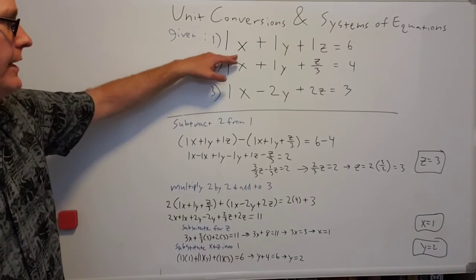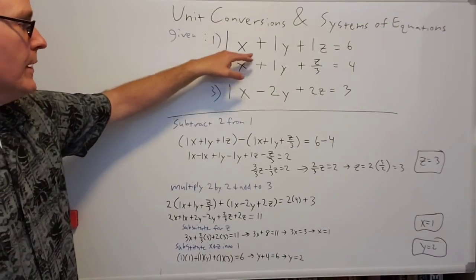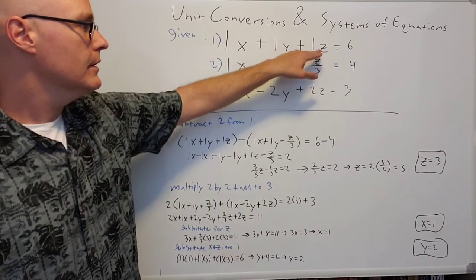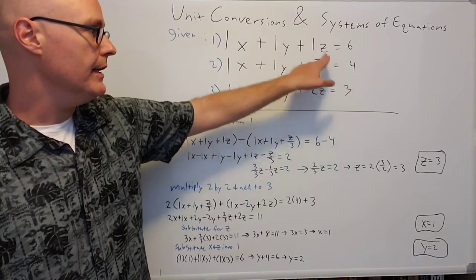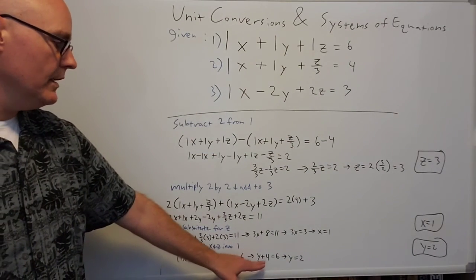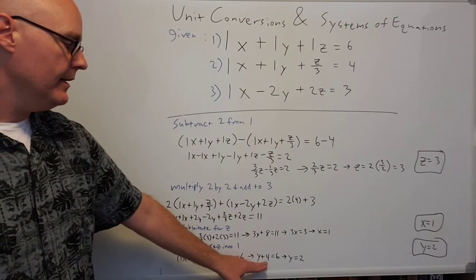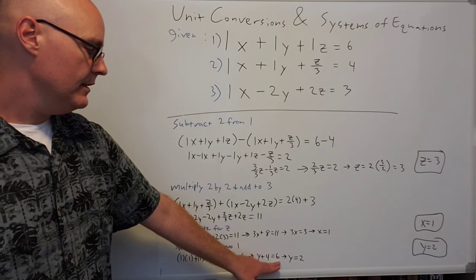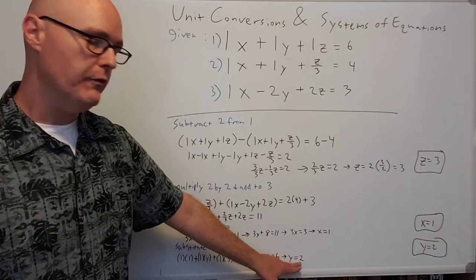I said that 1x, which is 1, plus 1y, unknown, plus 1z, z is 3, is equal to 6. So that's what we have here. Therefore, y plus 4 is equal to 6. That can only be true if y is equal to 2.